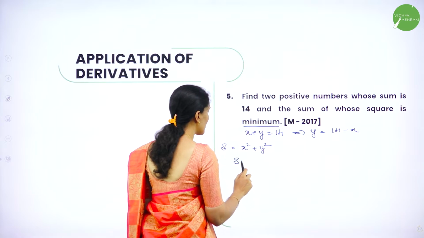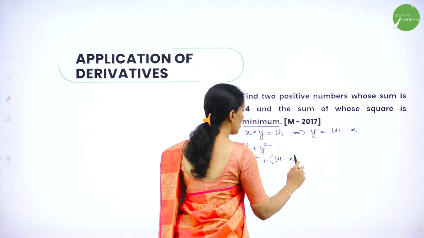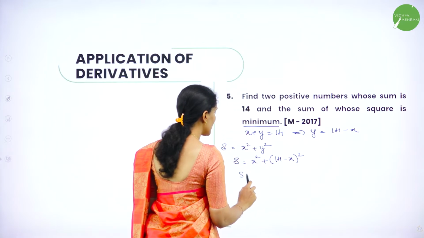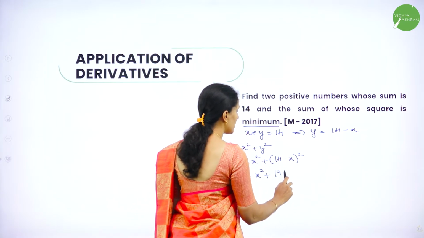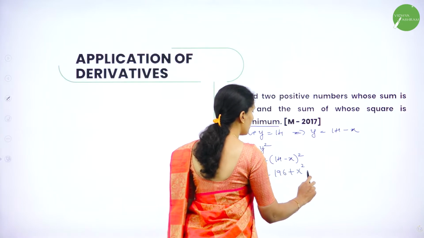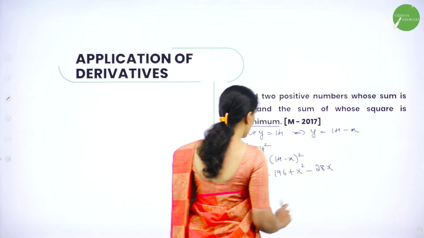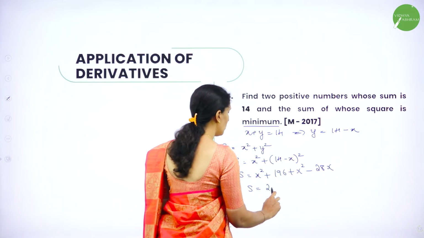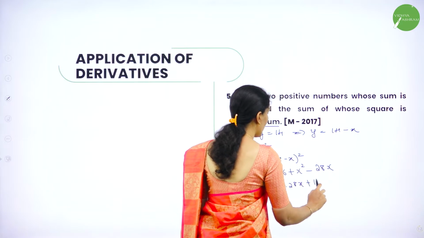So here I will get S equal to x square plus (14 minus x) whole square. So S is equal to x square plus 14 square, which is 196, plus x square minus 2 times 14, which is 28x. So I can take S equal to 2x square minus 28x plus 196.